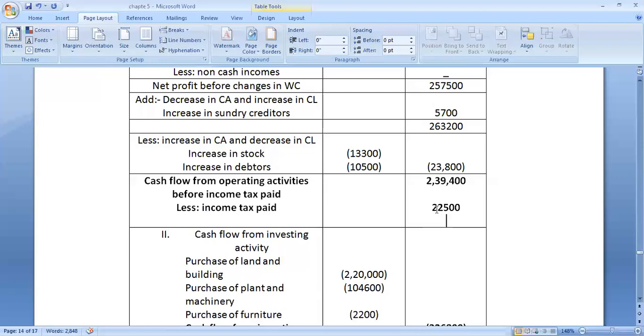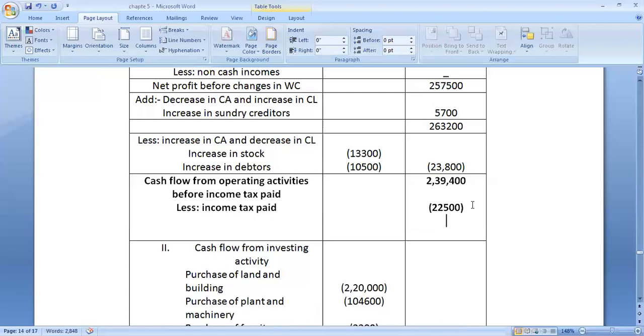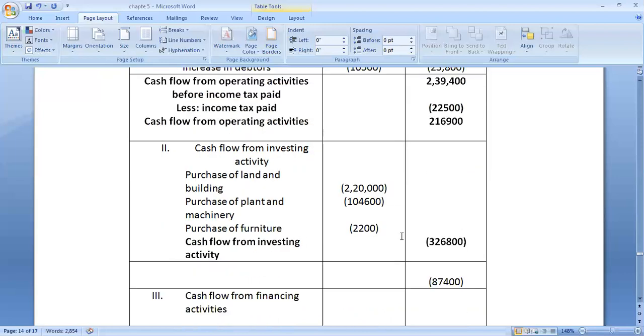So after reducing this value, whatever the value that is remaining will be 2,16,900, which is cash flow from operating activities.